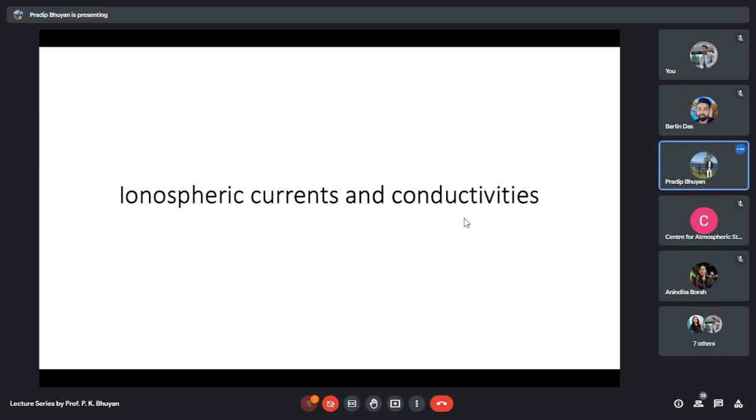Even sporadic E is a very thin but very dense layer of ionization in the E region. Those are special kinds of effects or phenomena, and because our time is limited, I will be trying to discuss the equatorial electrojet and the equatorial ionization anomaly. These are the principal effects actually.